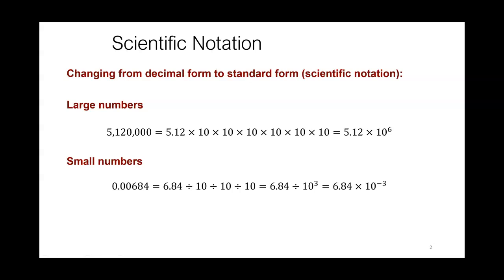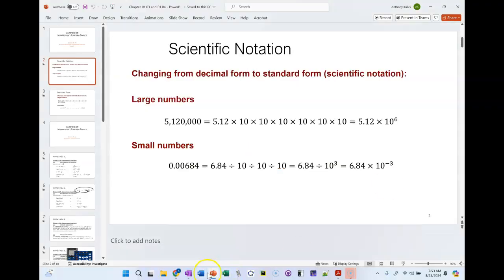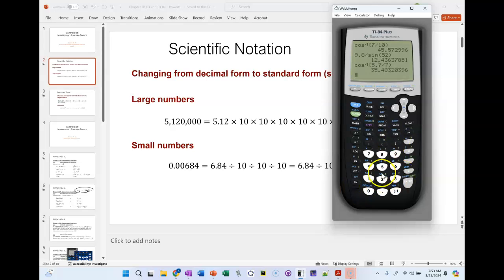What's the other easy way to do this if you're not sure? Point out to you that if you take your calculator and you put it into scientific notation mode, you can type in a number like 5,120,000 and press enter, and it just does it for you.